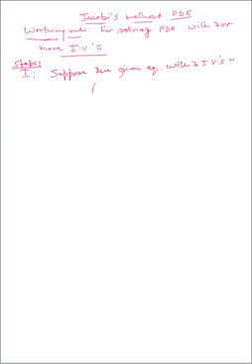Suppose the given equation with 3 independent variables, we can write in this form: f of x1, x2, x3, p1, p2, p3 is equal to 0. Mark it equation 1. Step 2, we write Jacobi's auxiliary equations.